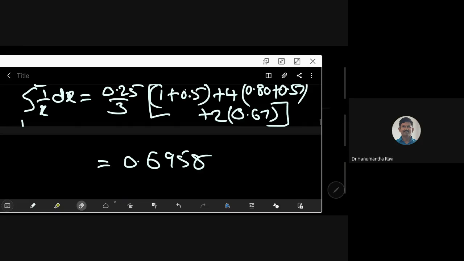One should not write like this. It is an approximate value only. In fact, this is also an approximate value. 0.6958, that will be the correct answer.